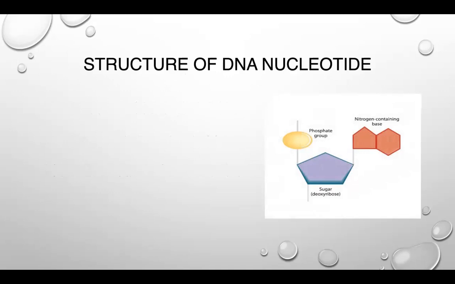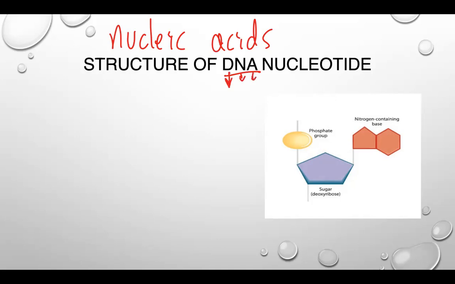Now, when I taught you about DNA and RNA as a nucleic acid, remember these are nucleic acids. So DNA is deoxyribonucleic acid, and the deoxyribo comes from the name of the sugar. When I taught you that, it was in chapter 3 when I was talking about biological molecules like carbohydrates, proteins, lipids, nucleic acids.